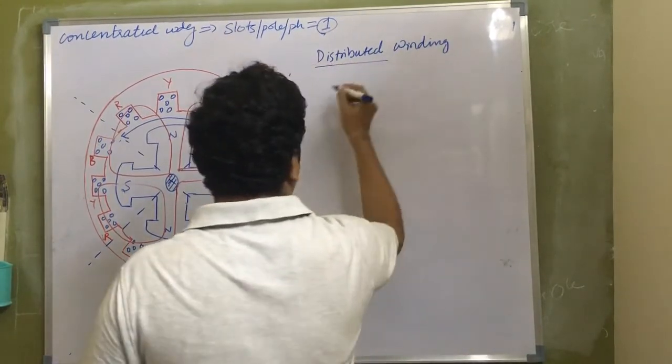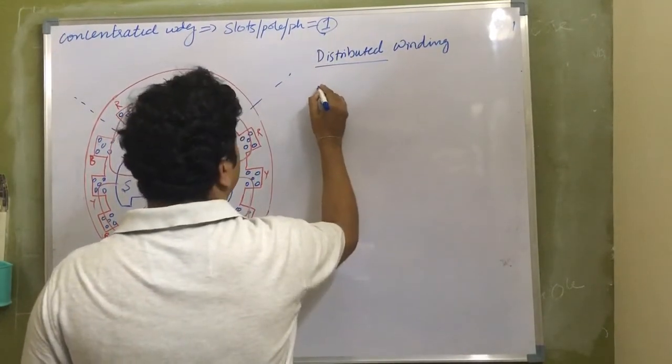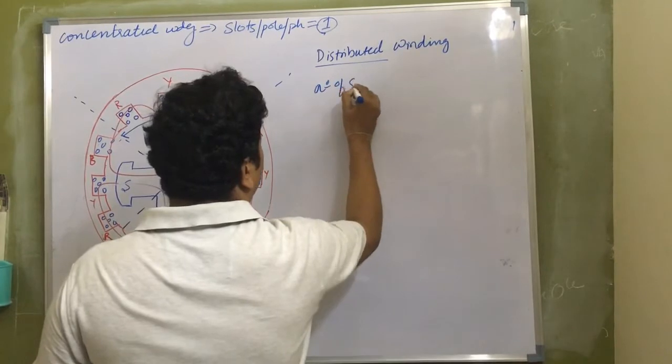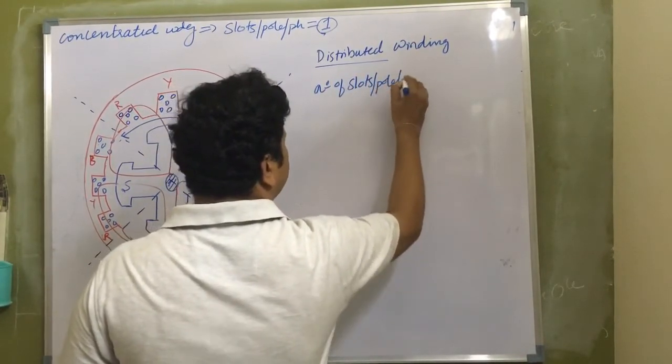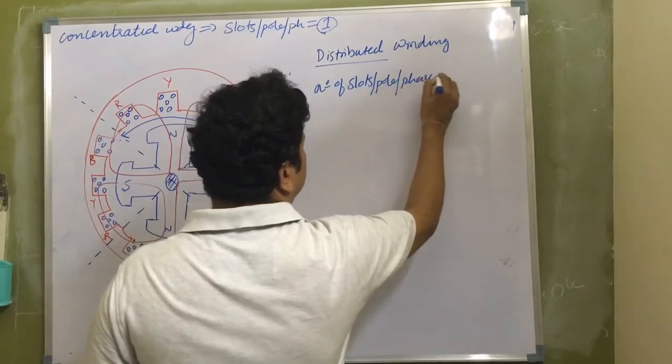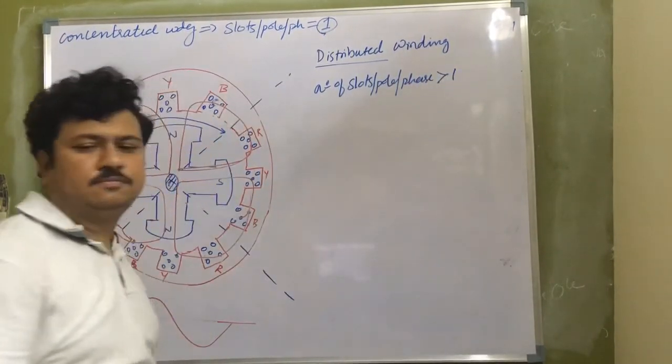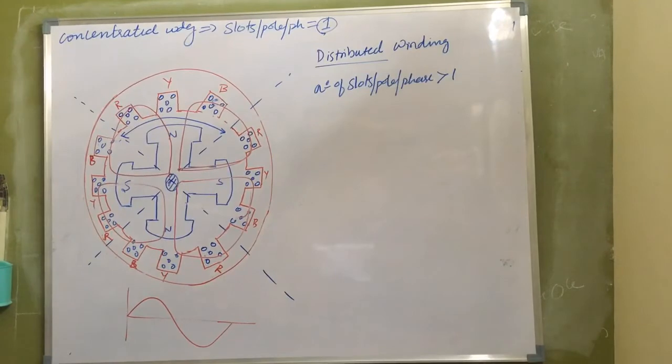So with distributed winding, we get number of slots per pole per phase greater than 1, so to keep the number of conductors per pole per phase, I get more than one slot.